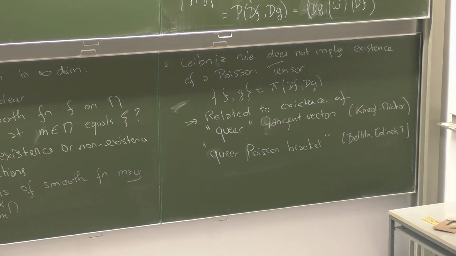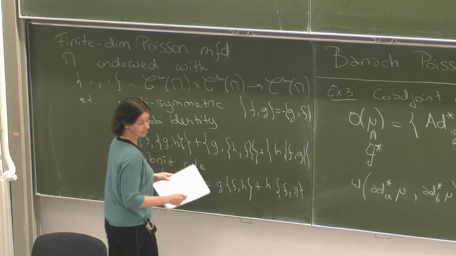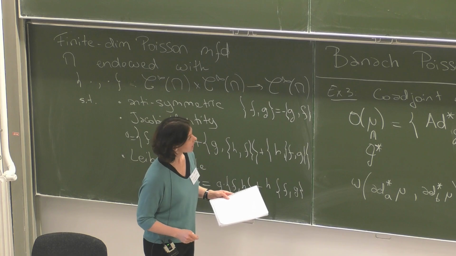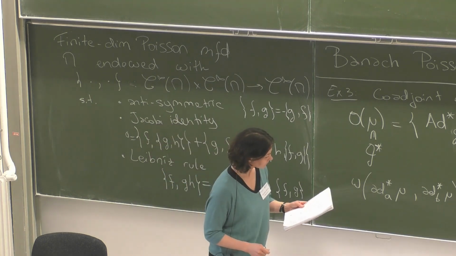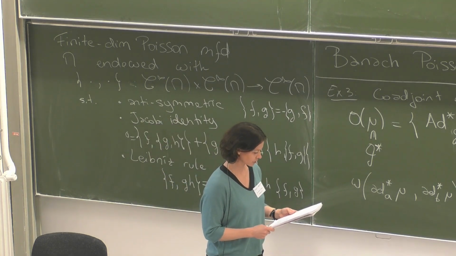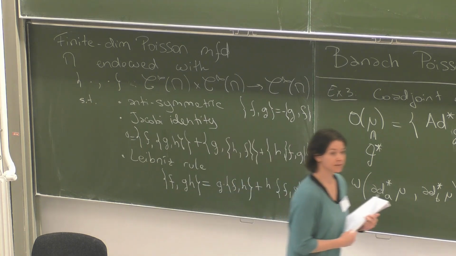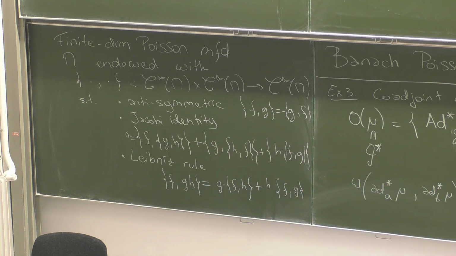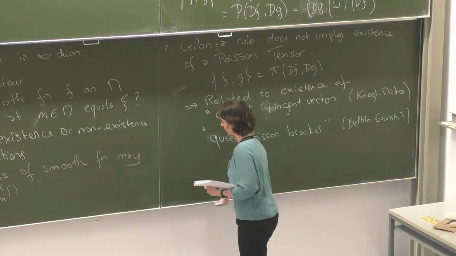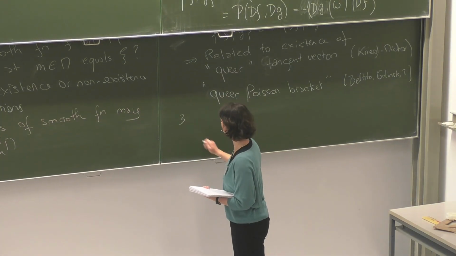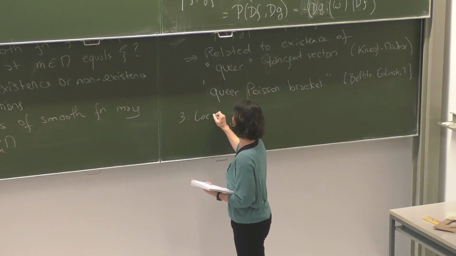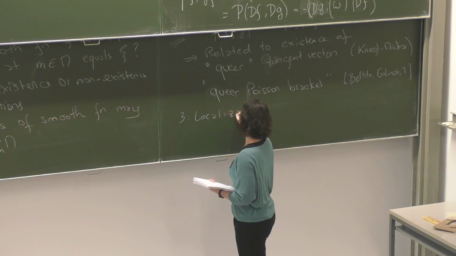I have two more lists of difficulties, and I'm running out of time, but that's fine. Perhaps I will just mention the third difficulty, which is localizability. The Poisson bracket may not be localizable, and it is related to what I just stressed before.